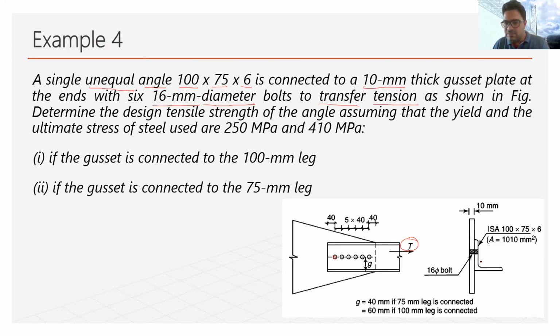Well, if we cut this section like this, then this will be the section. So in this section, you can see these holes will be along this line, and on the lower side, this will be the unconnected leg. So the leg is shown with these two lines.